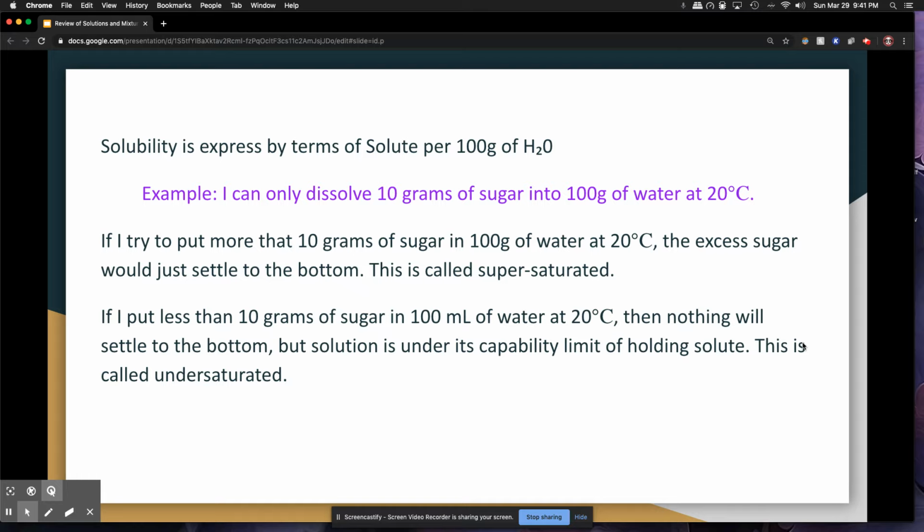That's your supersaturated. So those are the things you want to learn about solubility, because what we're going to do is see how much solute we can actually dissolve in water by using a graph, something called a solubility curve graph, and that will be tomorrow's work.